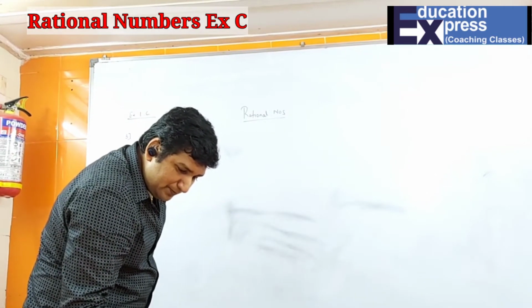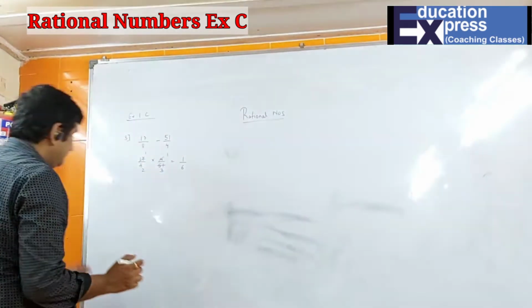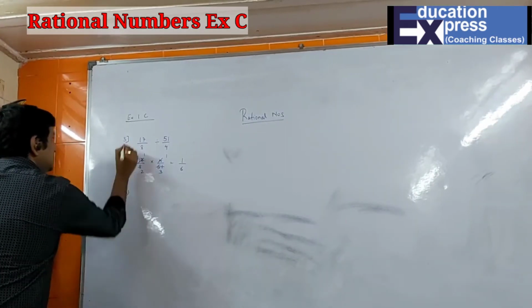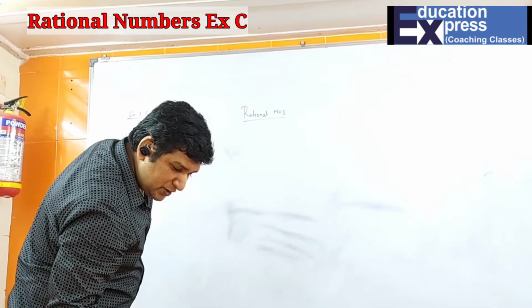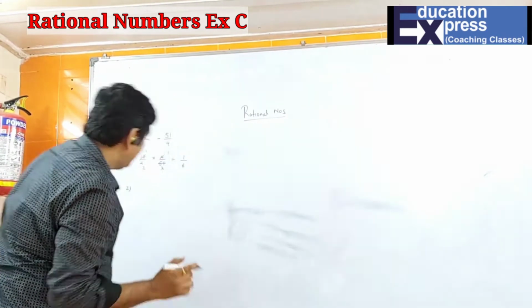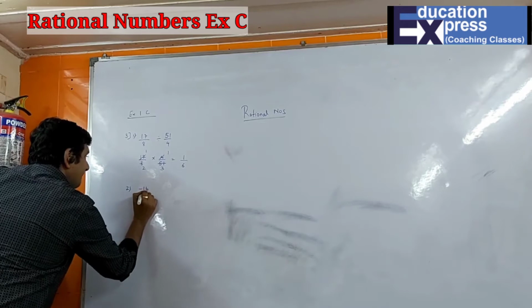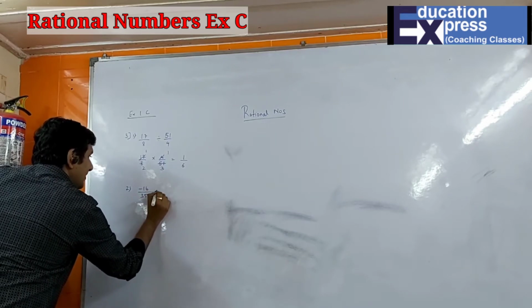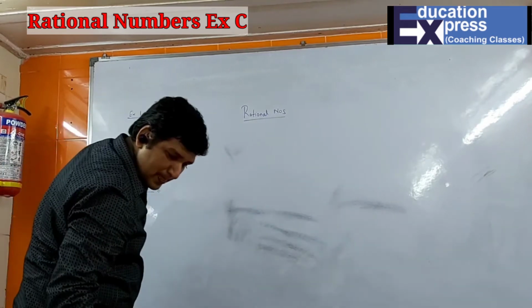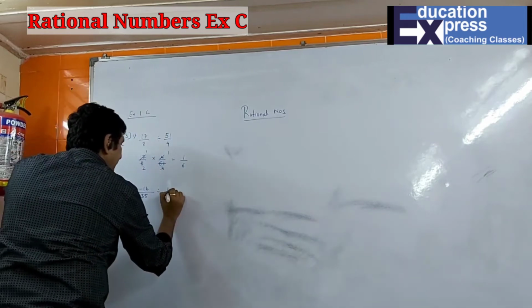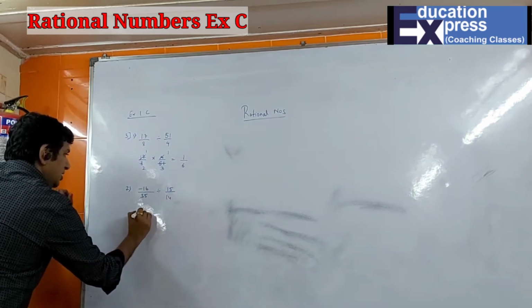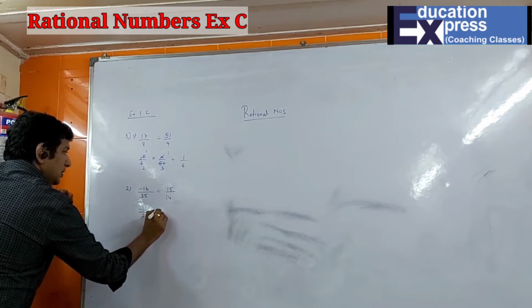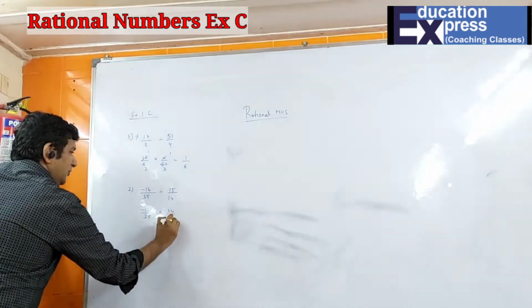Now part second, this is third's part 1. Minus 16 upon 35 divided by 15 upon 14, so minus 16 upon 35 into 14 upon 15.